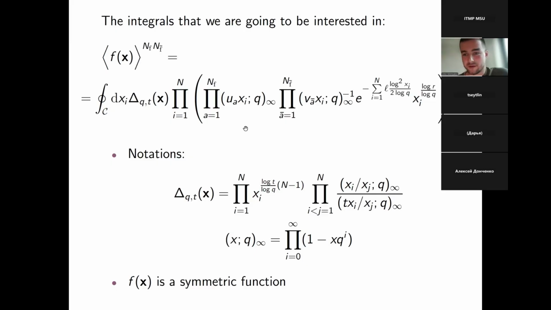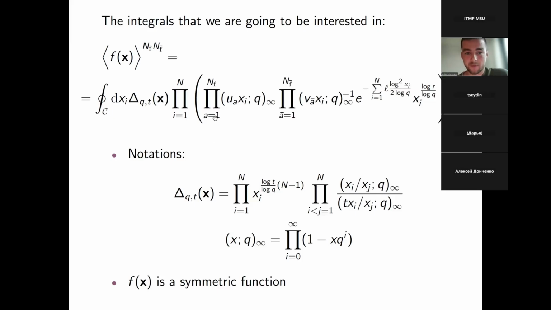This part of the measure corresponds to how these variables xi and xj interact between each other. In the classical matrix models, this corresponds to the Vandermonde determinants once again. But then there is also the analog of the potential of the classical matrix models. This is given by a product over all i of factors like this.